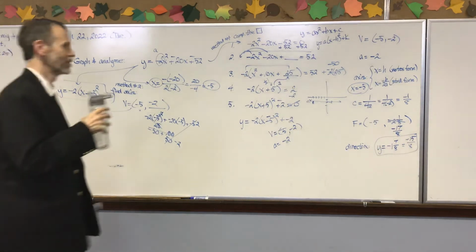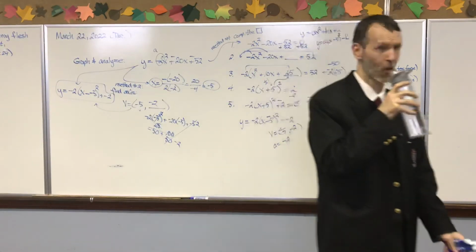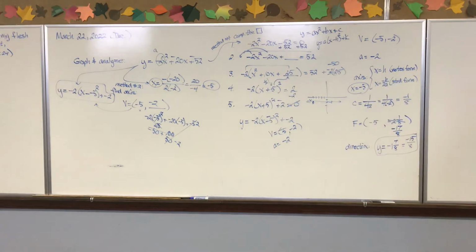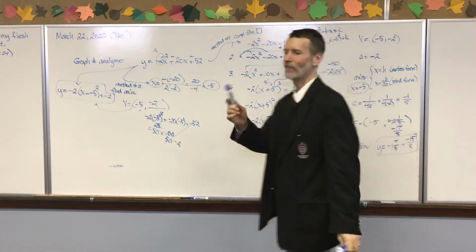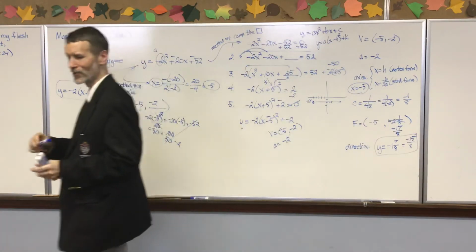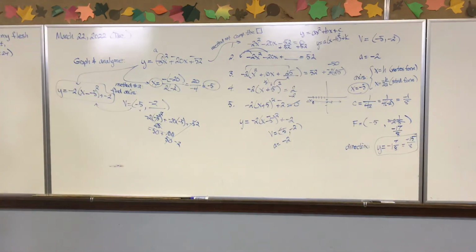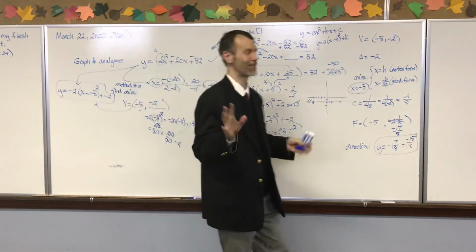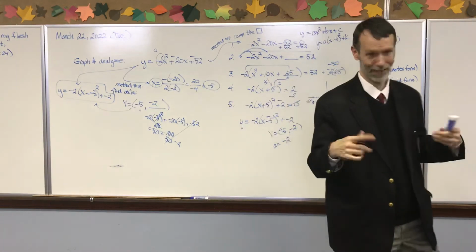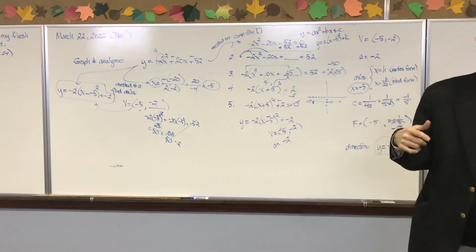You could, but there's something you have to do even before that, because it's in totally messed up form. It's not standard form yet. Something you have to do first. Yeah. Get y by itself. For number 5 and for number 6 and for number 7, you have to get y by itself first. That's the highest priority. You can't graph it without y by itself. Does that make sense?